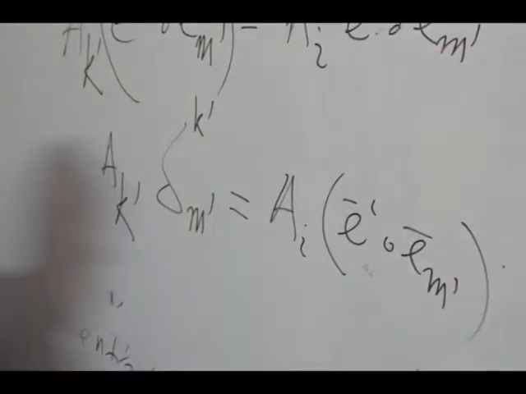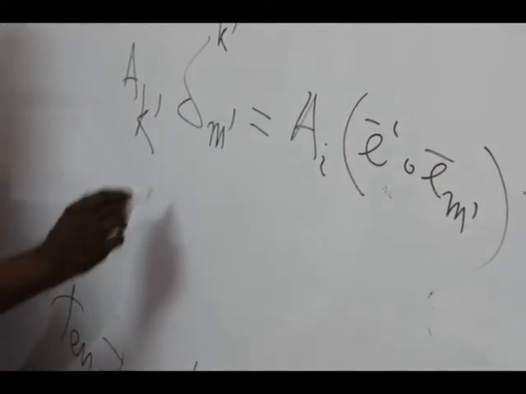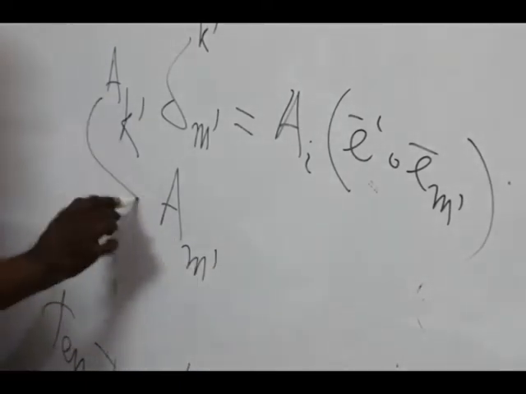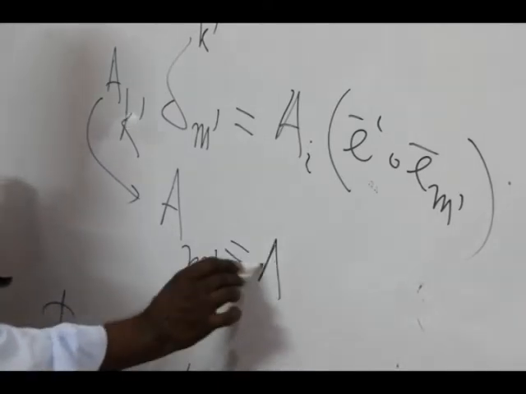So the left hand side becomes simply AM dash, which equals AI EI dot EM dash.